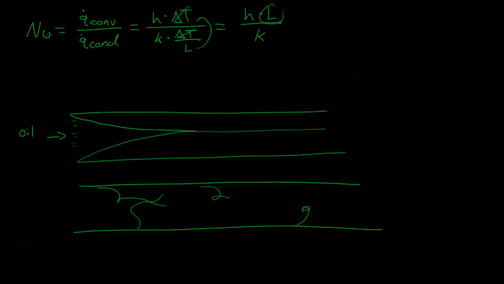If you have a high Nusselt number, that means you have a high convective force, or heat transfer due to convection versus heat transfer due to conduction. Or if you have a low Nusselt number, that means you have very little heat convection and a lot of heat conduction. That is the Nusselt number at its most basic.